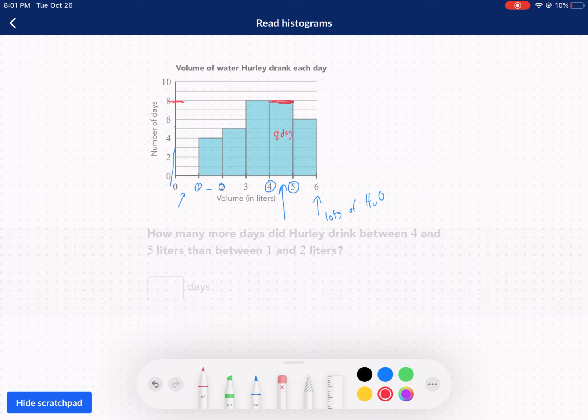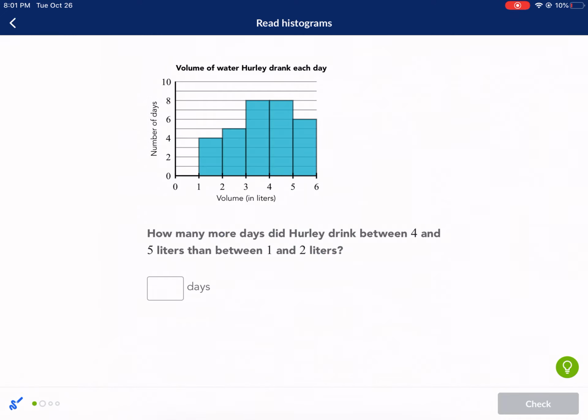It's up at 8, so he drank 8 days between 4 and 5 liters. How many days did he drink 1 to 2 liters? That was 4 days. So very little volume for 4 days, a decent amount for 8 days. So that's 8 minus 4. He drank 4 more days of a lot of water than of a little. So 4 more days.